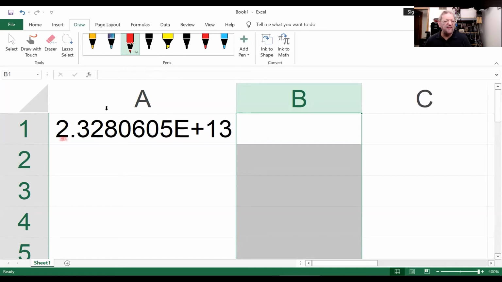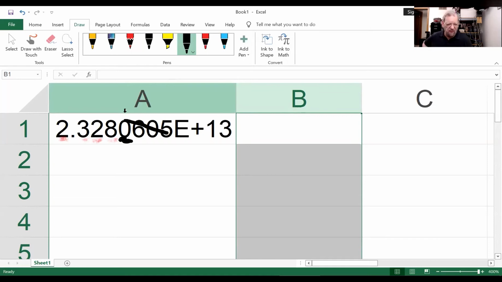I keep this, keep this, keep this, keep this. This I use to round off. It's 4 or less, so I'm going to drop all this. So the answer would be 2.328 times 10 to the 13th. Whenever you multiply and divide, the number that you get should have the same number of significant figures as the number you're multiplying or dividing that has the fewest significant figures.